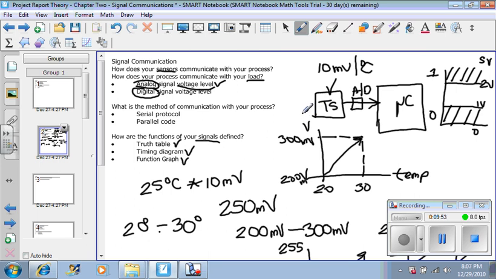This is what I mean by signal communication, and you can summarize this. But before you can summarize the details, you must understand the details in order to write a proper summary of the signal communication between all of your elements and components in your process. That concludes my summary on signal communications.